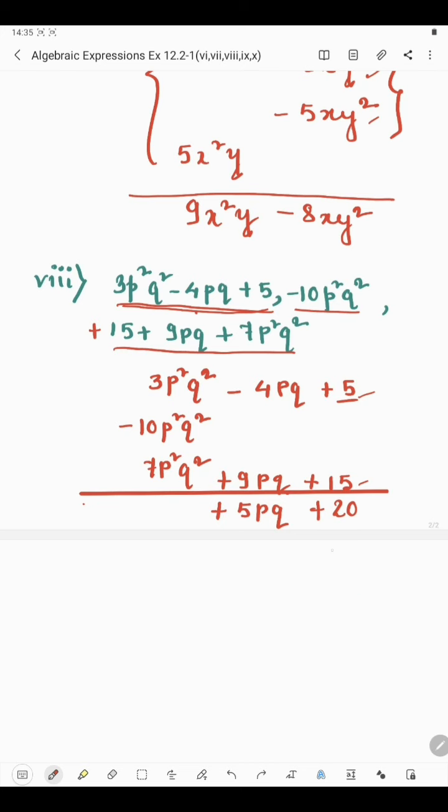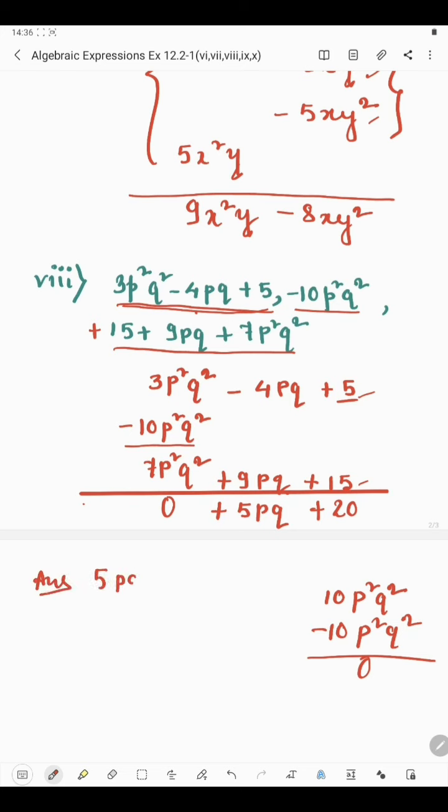So 7 plus 3 is 10p square q square. Now with this we will have to subtract minus 10p square q square. Now it's opposite sign, so plus minus minus, so 10 minus 10 is 0, so here it will be 0. So the answer of the 8th part will be 5pq plus 20.